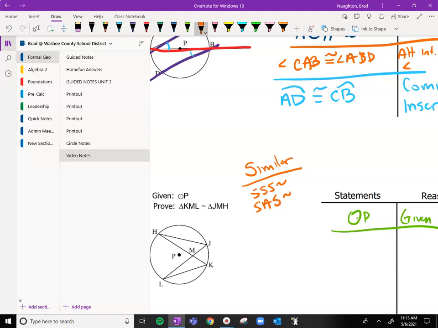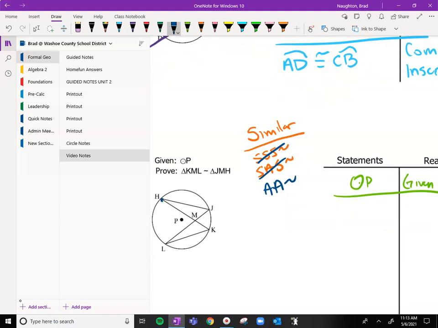Once again, no numbers for the sides, so I'm going to have to skip that. So my only options there are angle, angle similarity, which means that I need to prove two angles are the same. So here we have an inscribed angle. Here we have an inscribed angle. And once we can see that those go to the same arc.